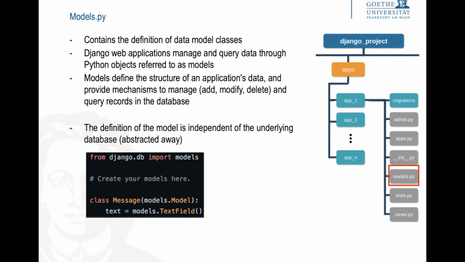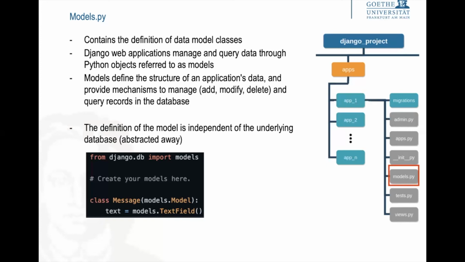So these models define the structure of the stored data and the database which lies behind those data models, which includes also the data types, maximum size, default values, etc. And moreover, those files also provide mechanisms for reading and writing, querying the records in the database.